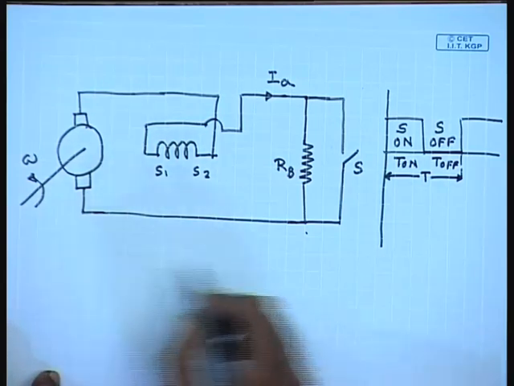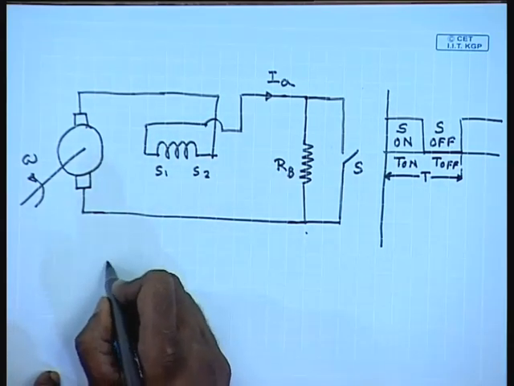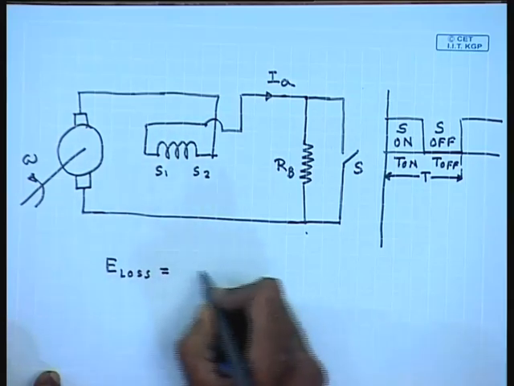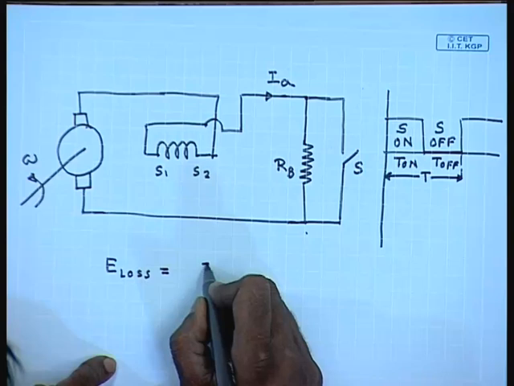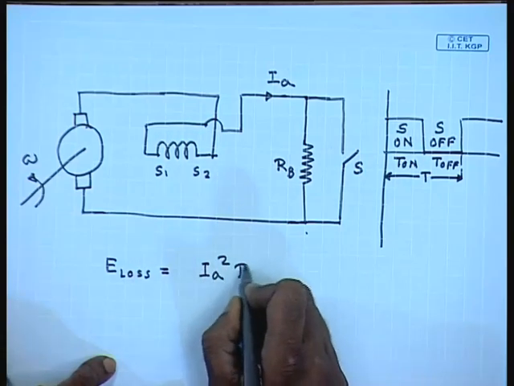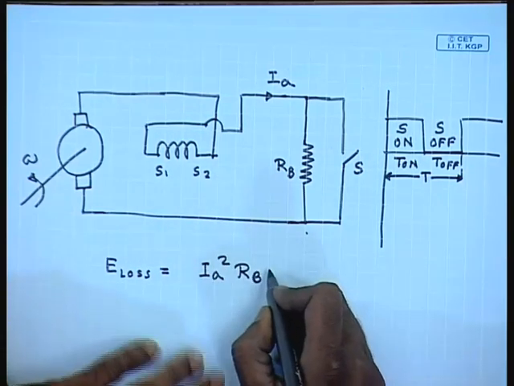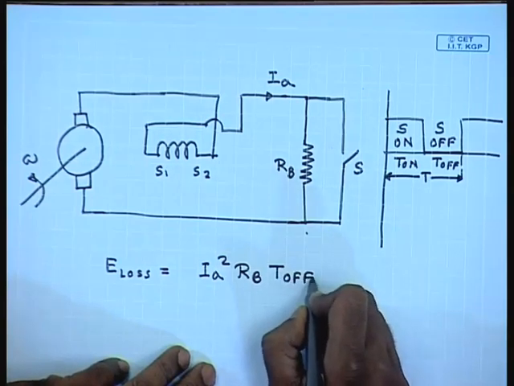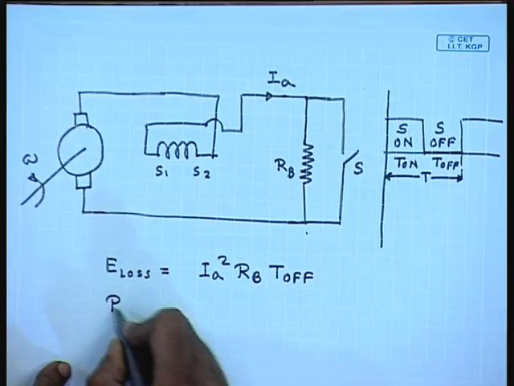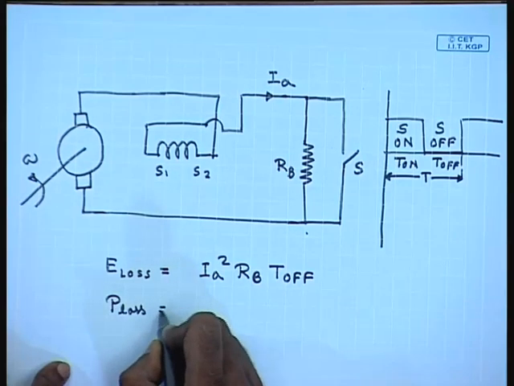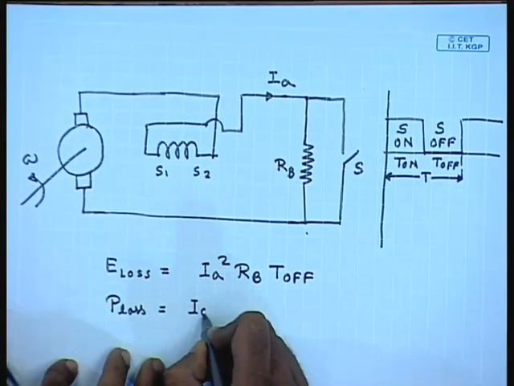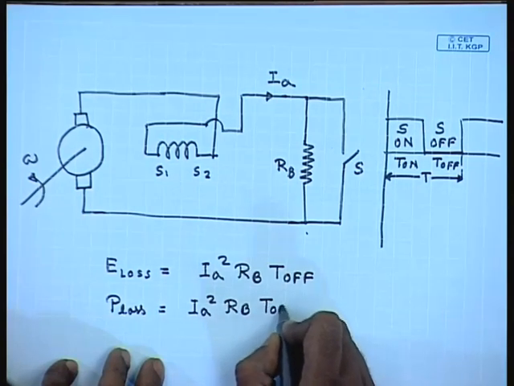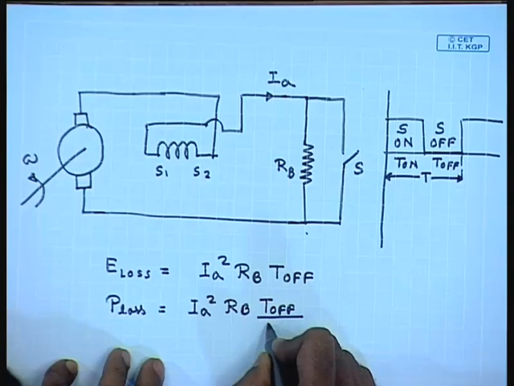So, the energy loss over one cycle in RB is equal to IA square RB into T off. So, average power loss is equal to IA square RB into T off by T.